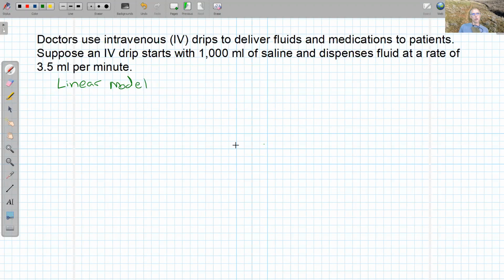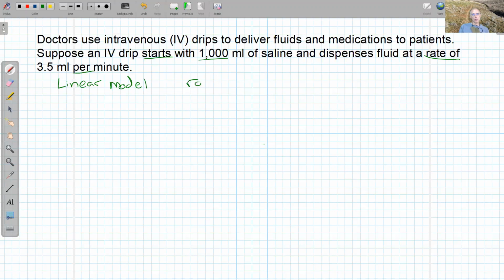And I want to look for some clues in here. So we have a "starts with 1,000," so we have that as an initial value. And then we have a rate that is dispensing, changing at 3.5 milliliters per minute, "per" meaning divide.